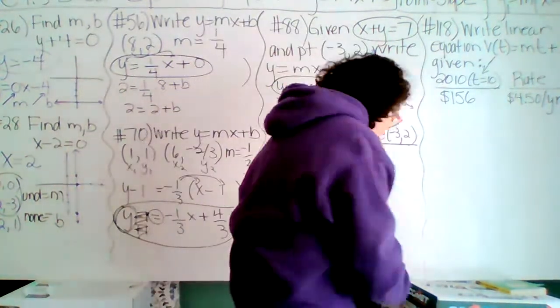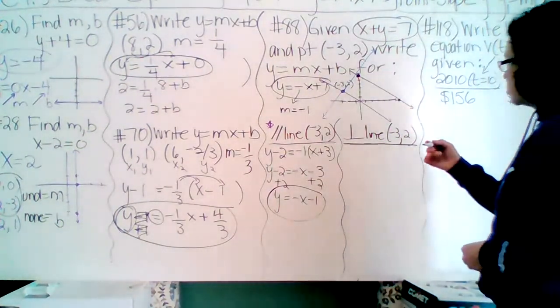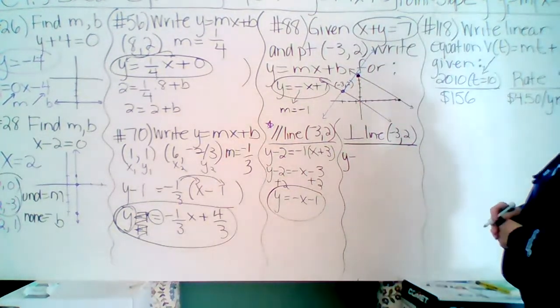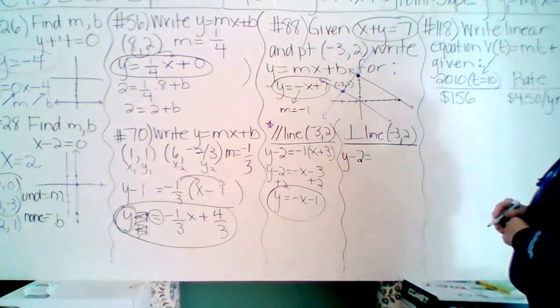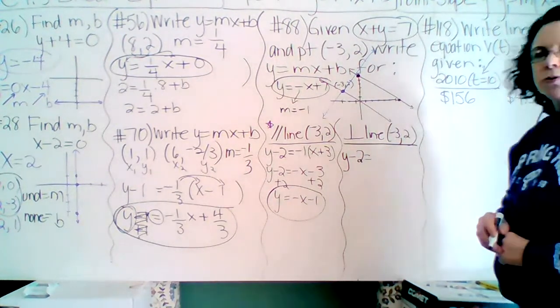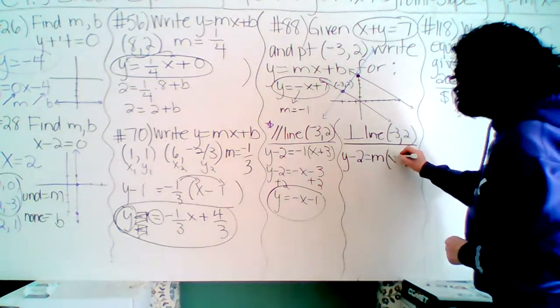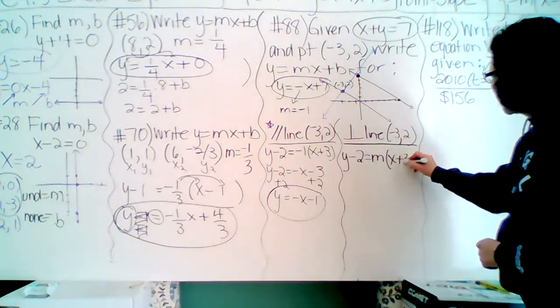Okay, let's do point slope form first. Okay, so y minus y1, which is 2, equals, oh, the slope of the blue line. I'm not sure. Let's leave a blank. Let's put m for a second. x, and then minus x1 is plus 3. All right.